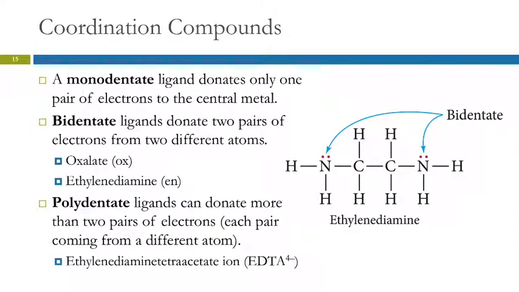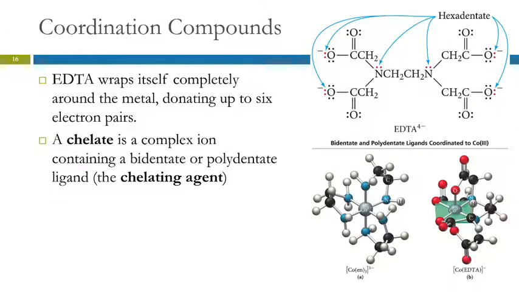It can donate six electron pairs. So here's EDTA. So there's a lone pair here and here, the nitrogen, the other nitrogen, and these oxygens over here. They can all donate and complex a single ion.